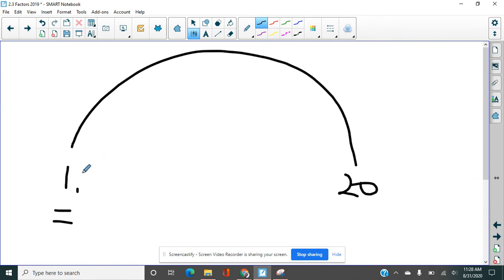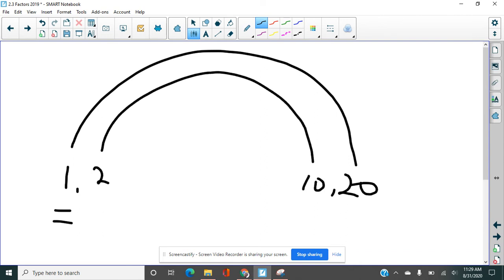Now let's try 2. Does 2 times anything equal 20? Yes. 2 times 10 equals 20. All right, can we put a 3 here? Does 3 times something equal 20?